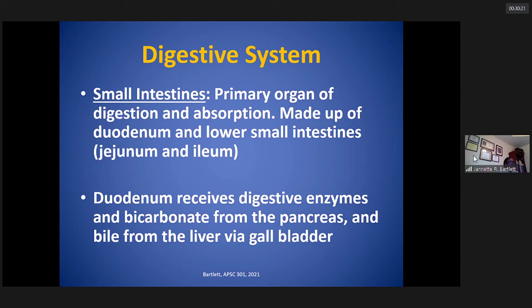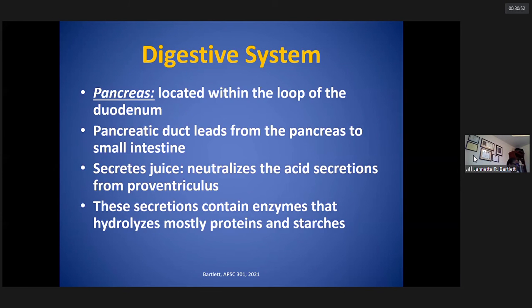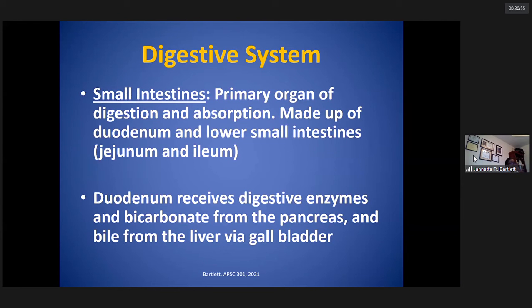The pancreas is responsible for secreting some digestive enzymes and bicarbonate that are involved in the digestive process as well. And then the liver is what secretes bile, and the bile then goes to the gallbladder where it's stored before it goes on. Let me see what I have on the other slide. Okay, I did talk about each of them separately.